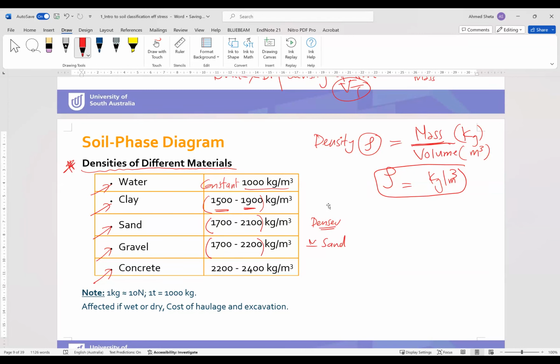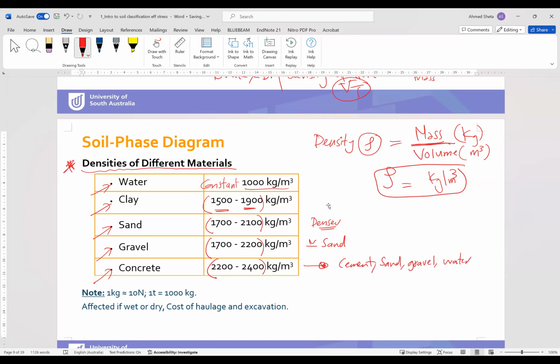And finally, concrete. As you know, concrete is a mix of cement, sand, gravel, and water. All of this together gives us a density of 2200 up to 2400. Okay.